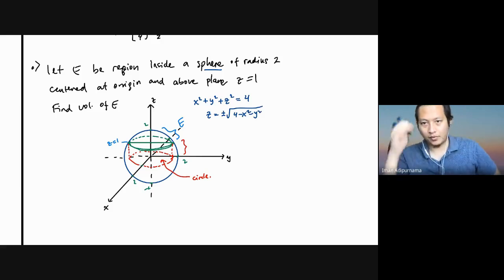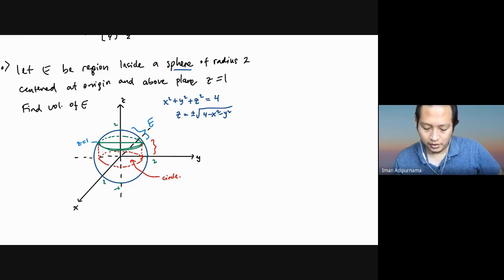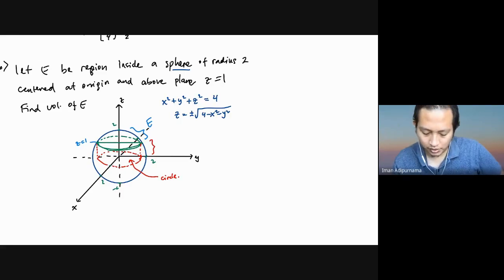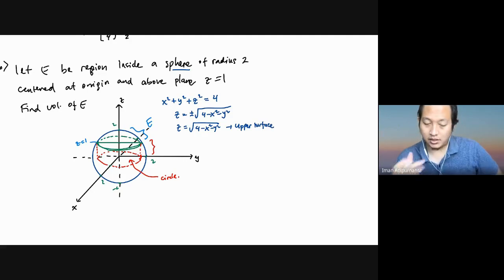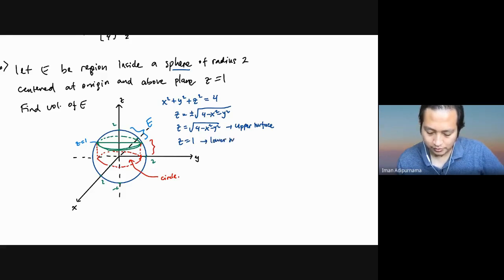That's our z. And z equals the square root of 4 minus x squared minus y squared will be the upper surface, as we discussed previously. And then z equals 1, the plane, becomes the lower surface.